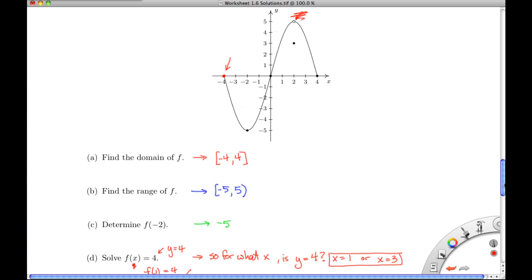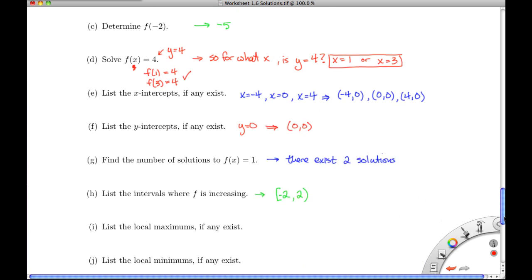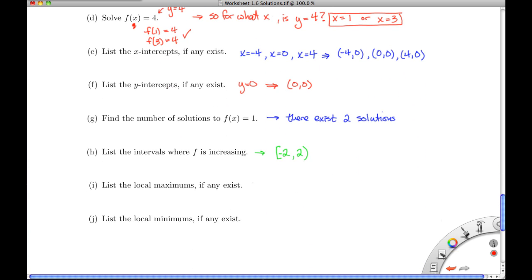And this is the point -4, 0. So the way that we could express this is we could say that f has a max value, or let's call that a local max to be specific.